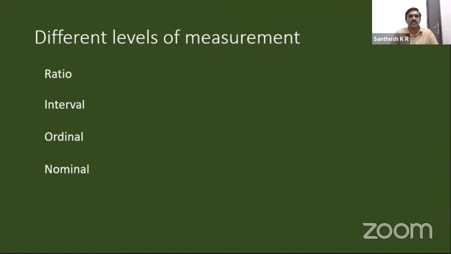Among these four, ratio and interval are the levels we are really exposed to as the real tools or instruments using which we can measure something. So, for the sake of convenience, we'll start discussing from the fourth level of measurement, the ratio level.